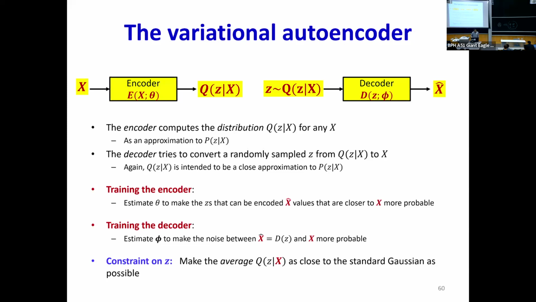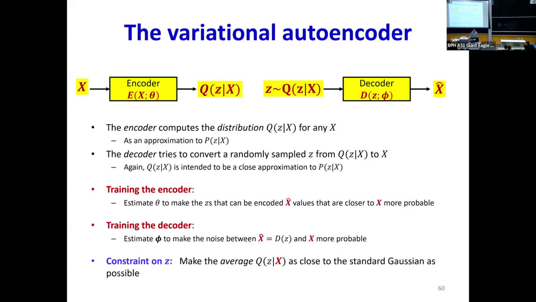And when you train the decoder, again, same thing. You want the Z's to be converted to X hats that are as close to X as possible. Both the encoder and the decoder now have the same objective. The output of the decoder must resemble the original training instance as closely as possible.